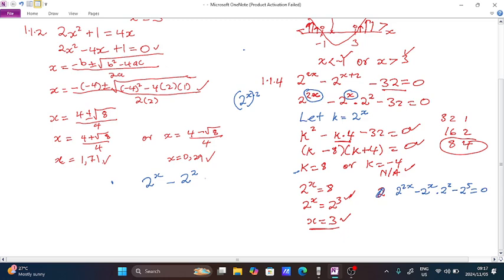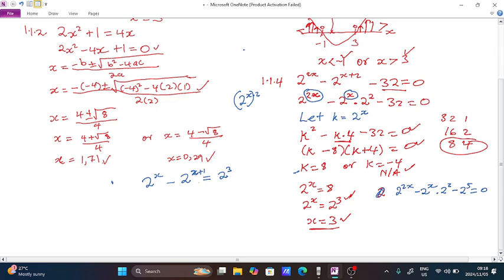Let's say equals to, or let's say 2 to the power x again plus 1 again equals to maybe what? Let's say 2 to the power 3 again.